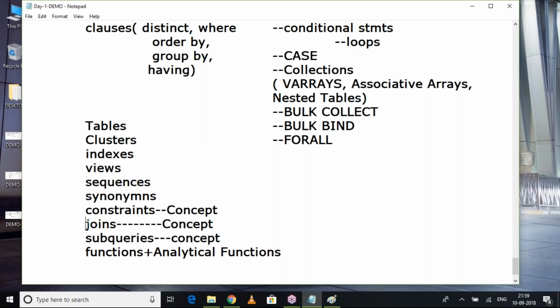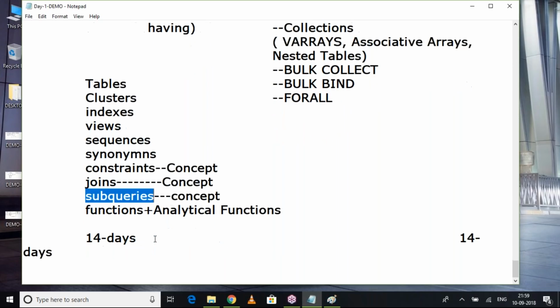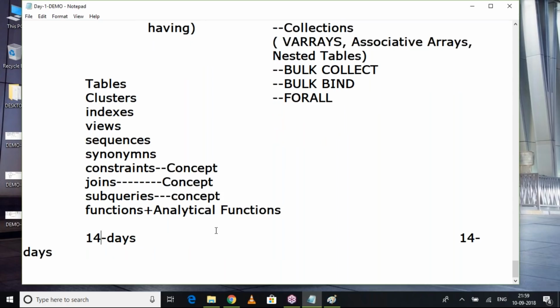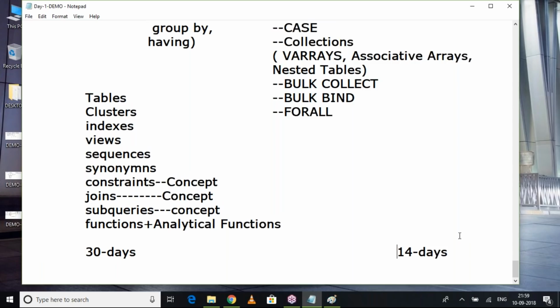Concepts: constraints, joins, subqueries, functions and analytical functions. Once we finish the SQL part, then we will discuss PLSQL.